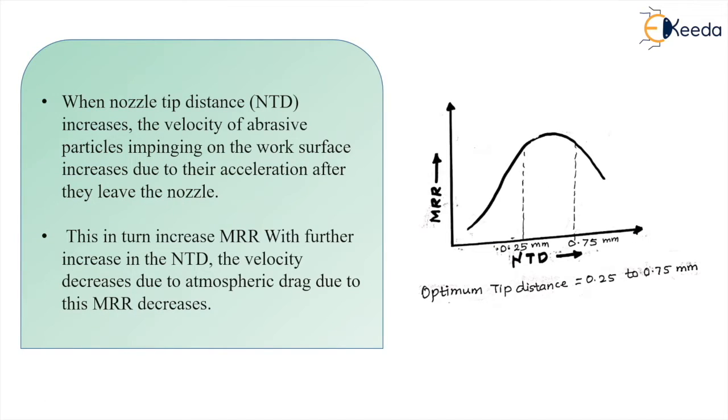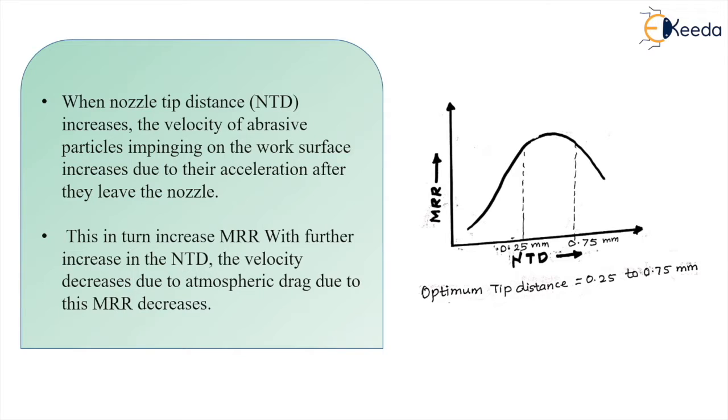Now, how does the nozzle tip distance govern your MRR? When you increase the nozzle tip distance, the velocity of abrasive particles impinging on the work surface increases, because their acceleration goes on increasing after they leave the nozzle.